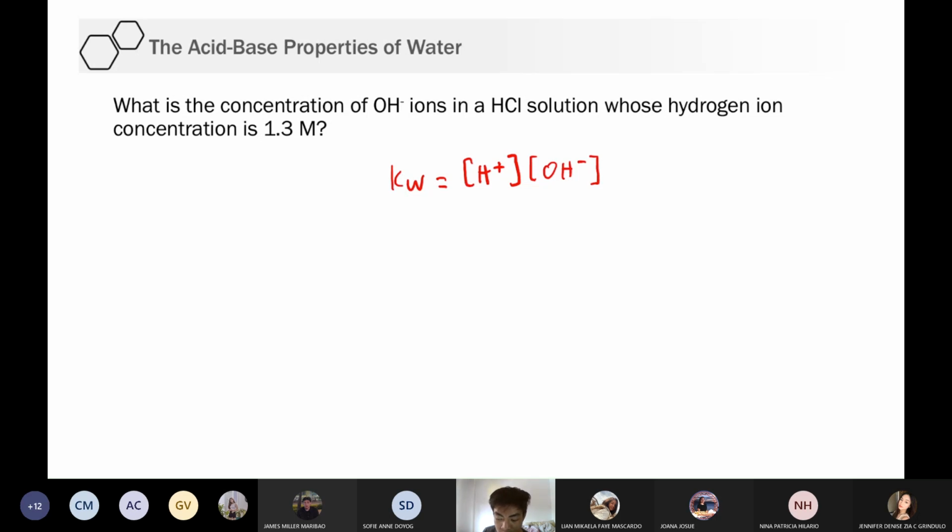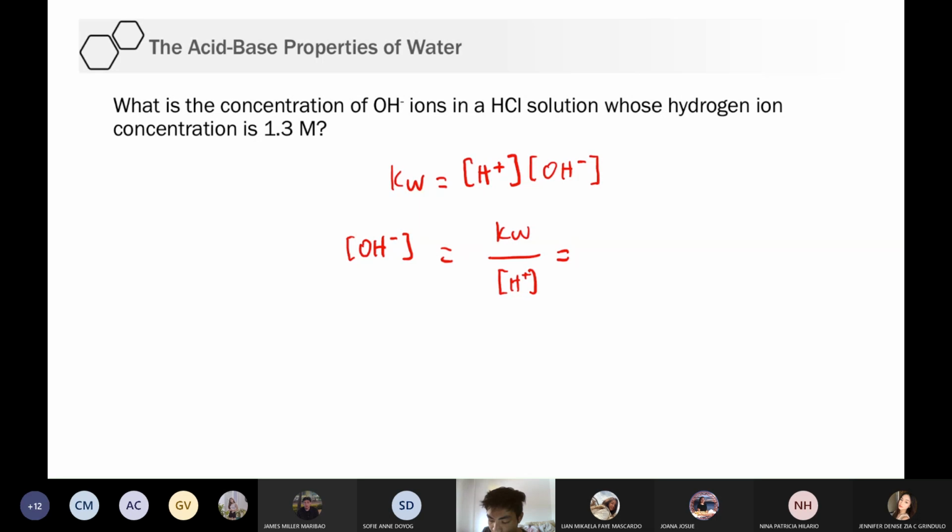Since we are asked to solve for the concentration of OH, then we derive the equation for OH using the equation given above. So we can solve for OH by dividing KW by H plus. Ginawa ko, dinivide ko both sides by H plus, so I will get the equation for OH minus lang. In order for us to solve for the concentration of OH, we divide KW with H plus. And then we can now plug in the numbers.